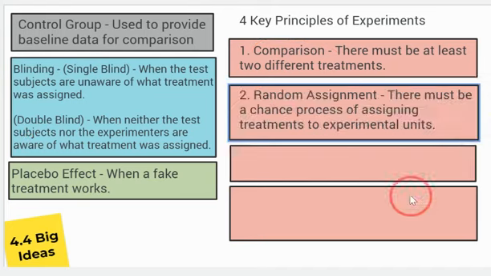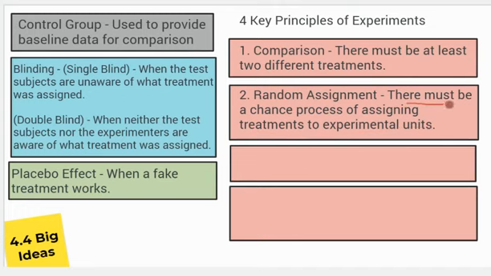All right, what about the second characteristic? Well, that would be random assignment. Now, one of the big things to keep in mind is this. You do not randomly choose your test subjects. In an experiment, you do not randomly choose the test subjects, but you do randomly assign the treatments to the test subjects.